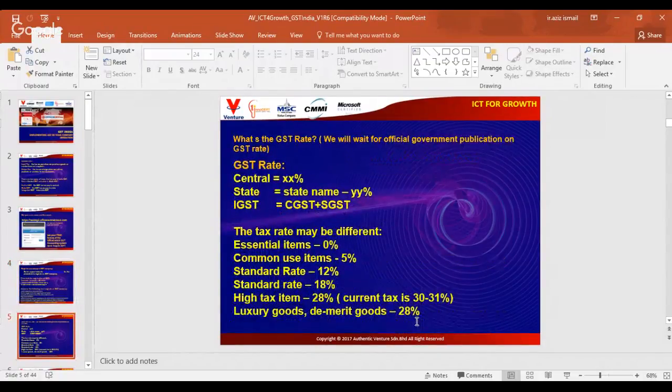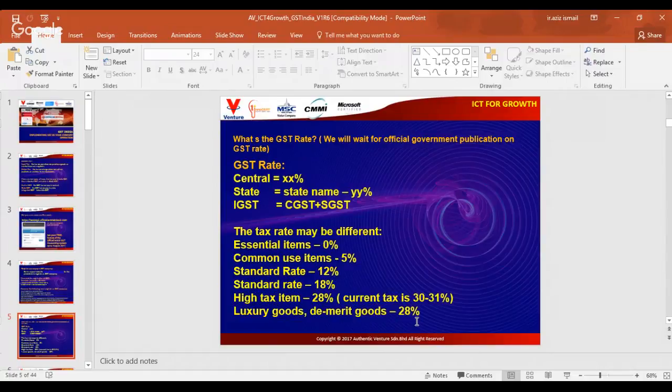And then you should know the GST rate, the central GST, how much it is, and state GST, how much it is. Once the government sets the rate, then we will set the rate inside the system, and your accounting system will be using the correct rate.